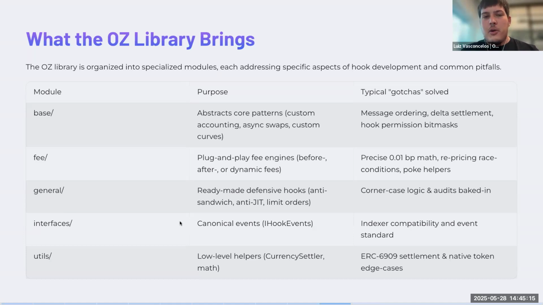This is usually when the swap is really big and the fees are going to be high. So it makes sense for someone to add a bunch of liquidity, and then they're going to have 90% of the liquidity in that range, and they're going to be able to take most of the fees of that particular swap.